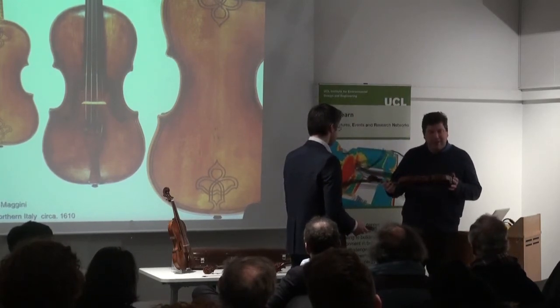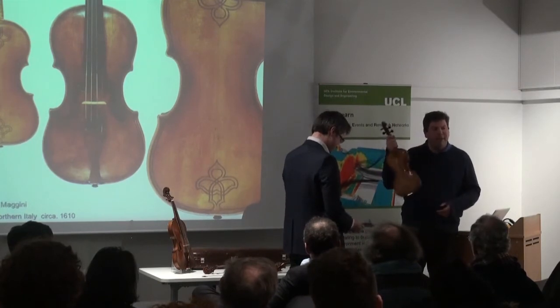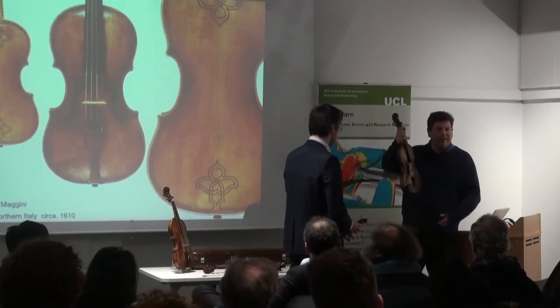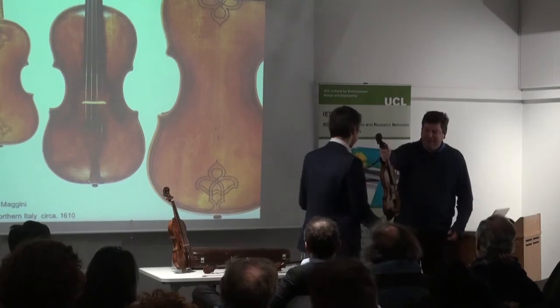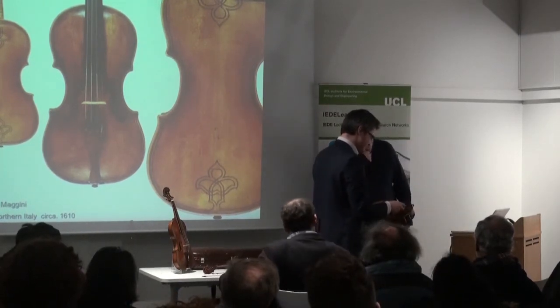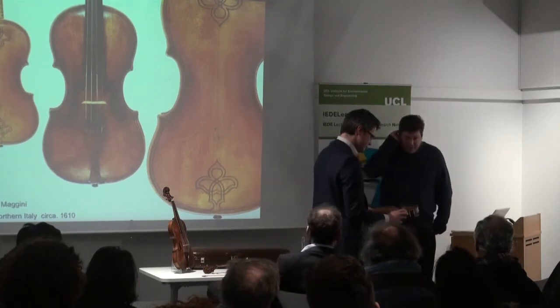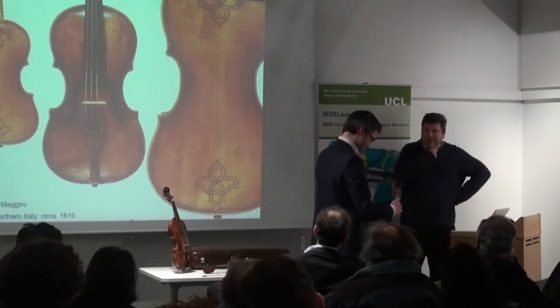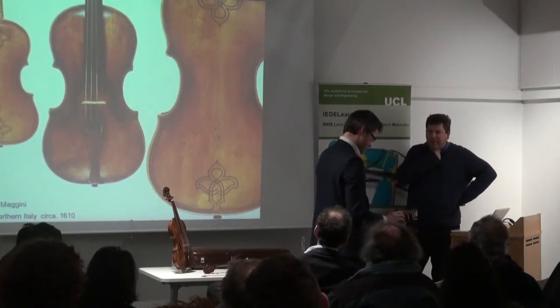So, in context, Shakespeare was writing The Tempest when this violin was being made. And I thought there couldn't be a better thing to demonstrate the violin. I think what could be really interesting is to just do a slow G major scale to get the things out of it.